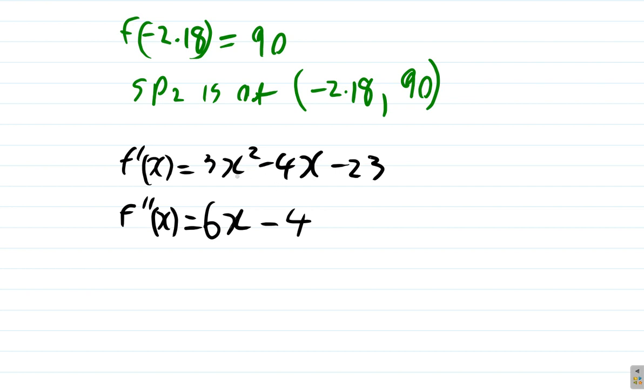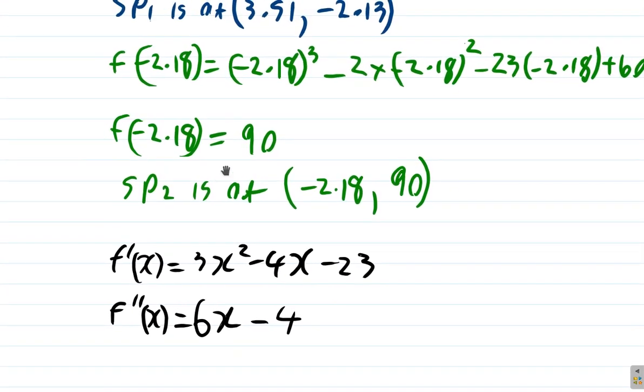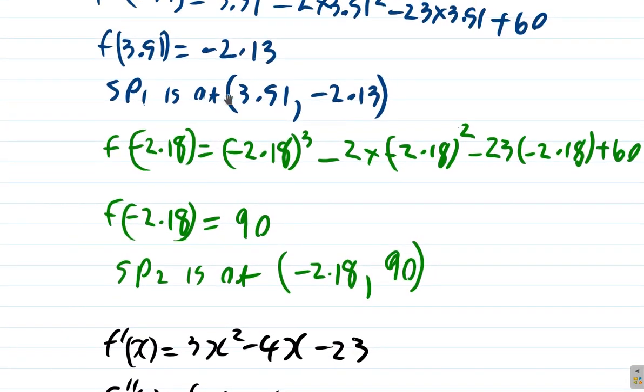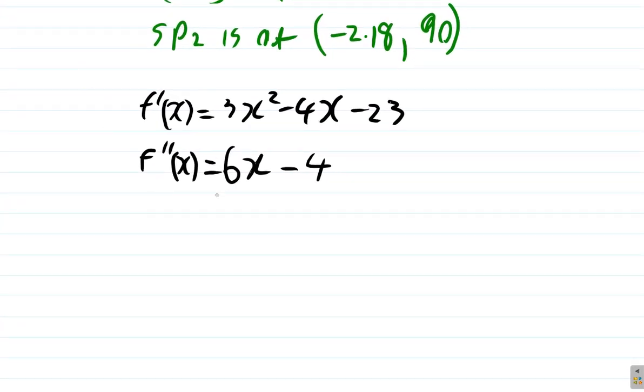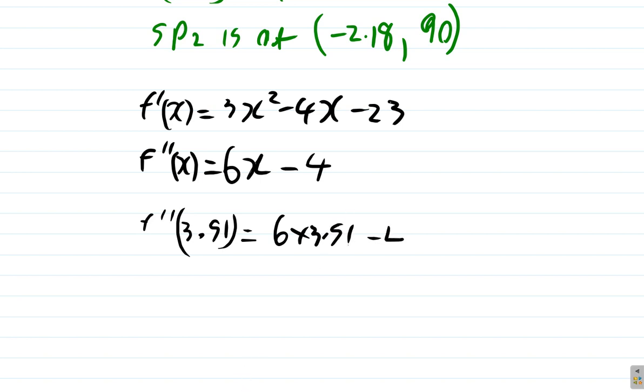Now, what happens when you substitute 3.51 in it? f double prime of 3.51 is going to be 6 times 3.51 minus 4.